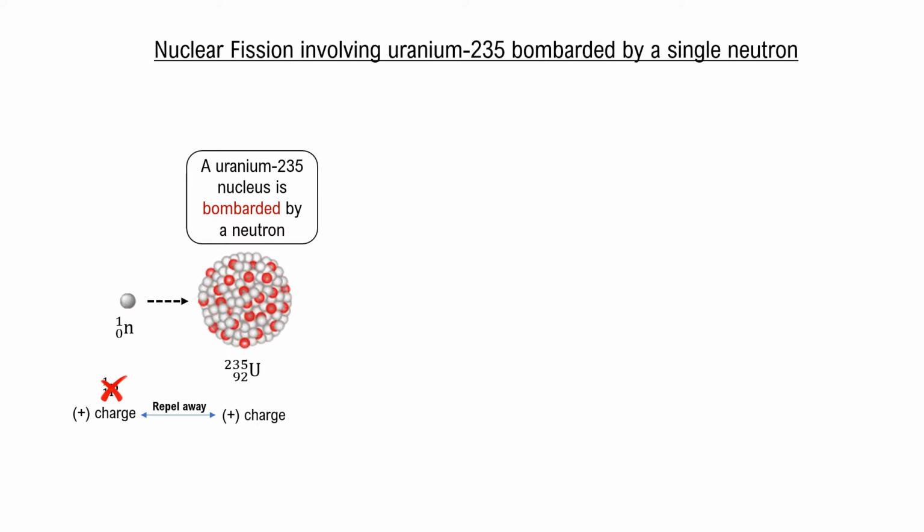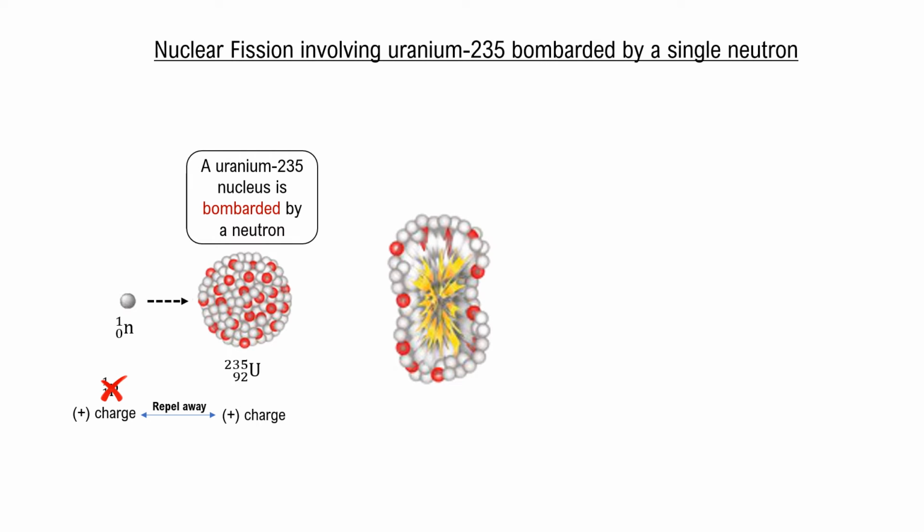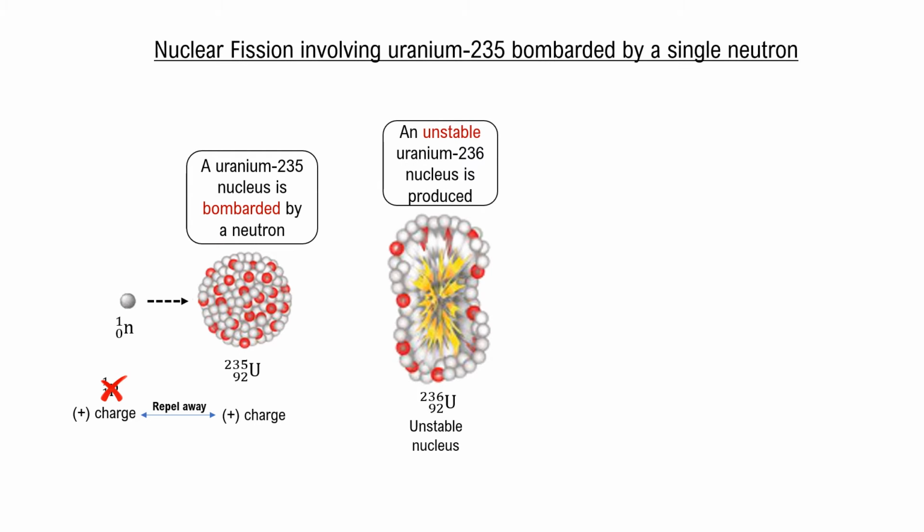But if you shoot it with a neutron, then this nucleus will absorb the neutron. This is uranium-236, which is the unstable nucleus. When a neutron is absorbed by the nucleus, an unstable uranium-236 nucleus is produced.